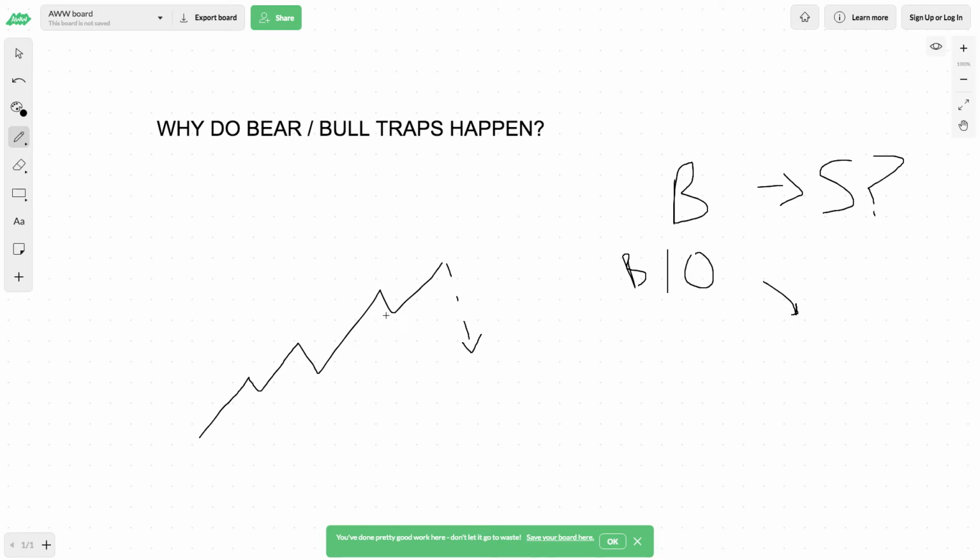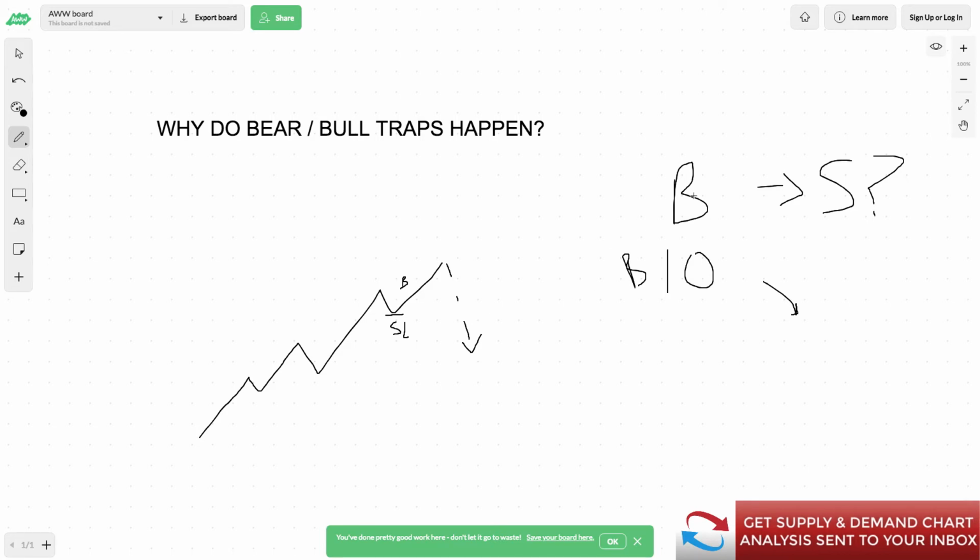So if traders bought here on the breakout, and their stop loss is a sell order, you're going to have a whole load of sell orders below obvious areas where traders are placing their stop losses. So this is where the liquidity is for the banks to look to get long, right?